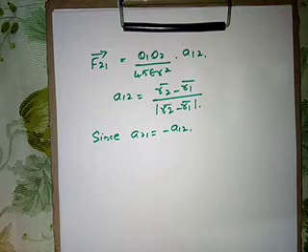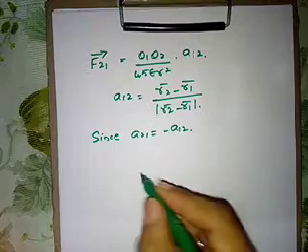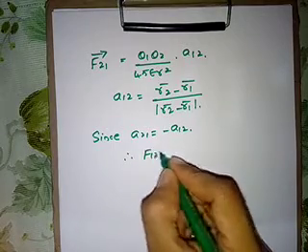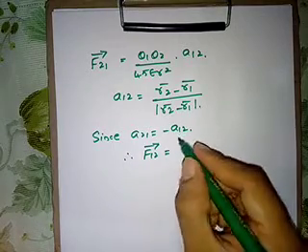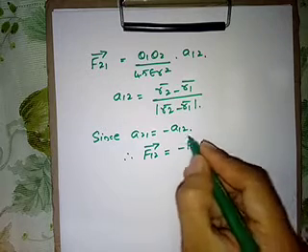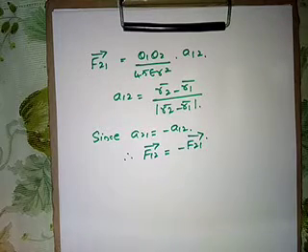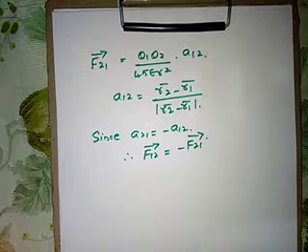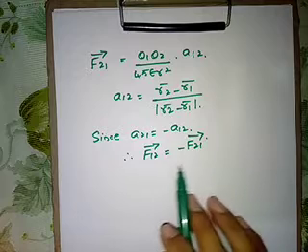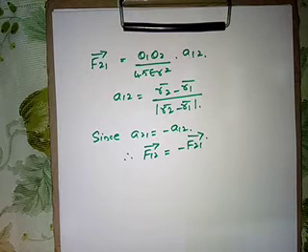So A21 is equal to minus A12. Therefore, we have the F12 vector is minus the F21 vector. This indicates that the force exerted by two charges on each other is equal but opposite in direction.